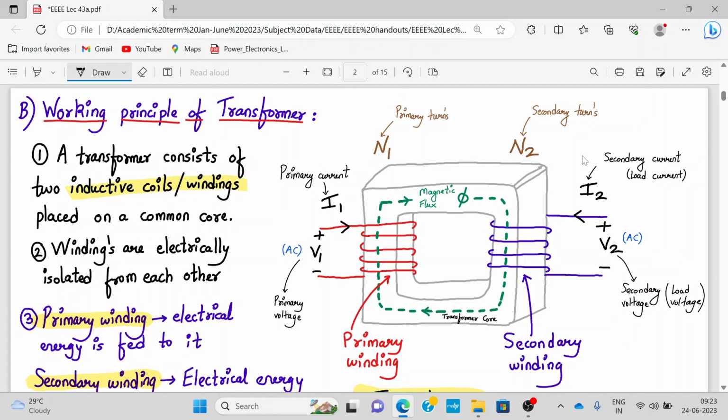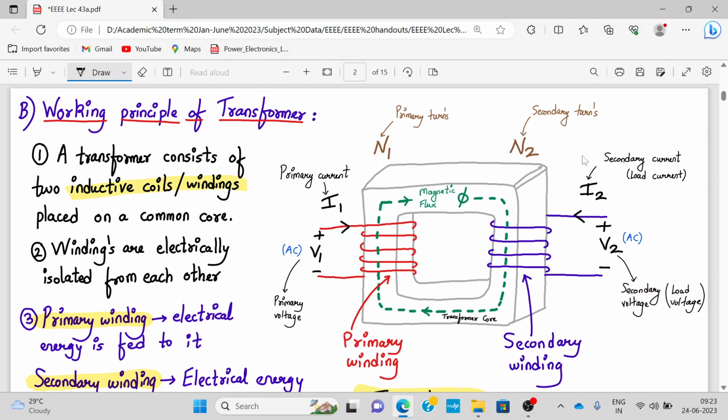So whenever the AC voltage V1 is applied to the primary coil or the primary winding of a transformer, an AC current I1 flows through it, producing an alternating flux in the core.